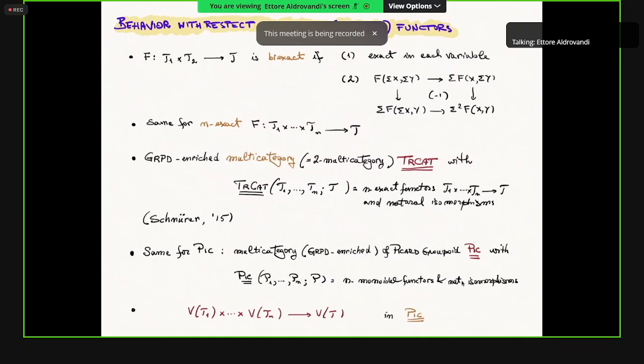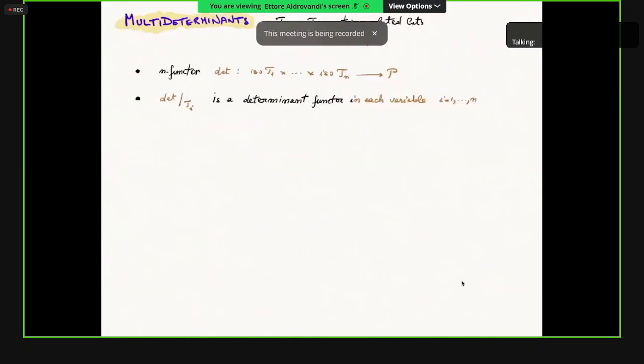And so the question becomes simply an upgraded one, in the sense that if I start looking at the virtual objects, what kind of structure do I get in the multi-category of Picard groupoids? As a matter of notation, I'm doubly underlining when I mean that I'm looking at a Picard multi-category that has been constructed out of an existing two-category.